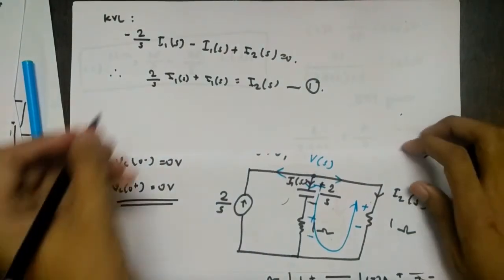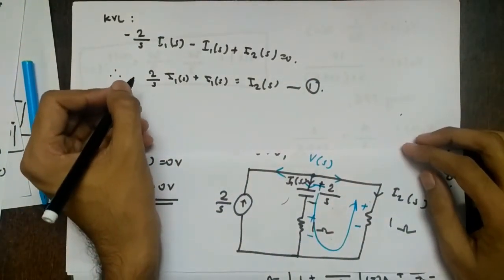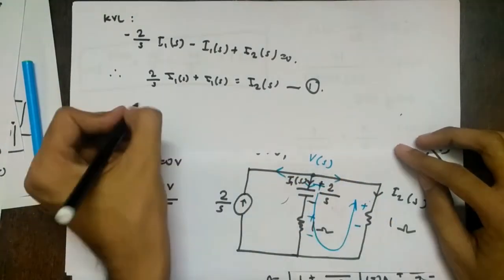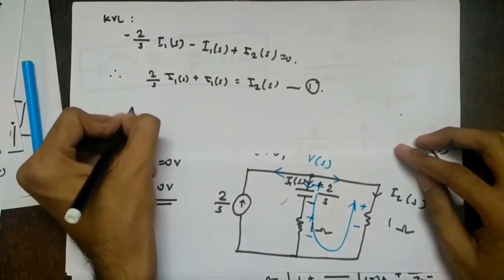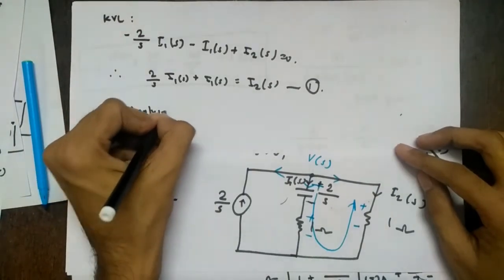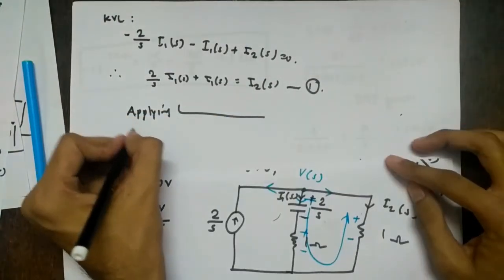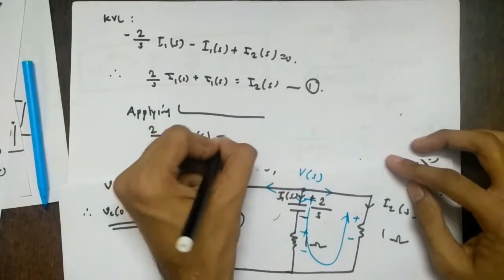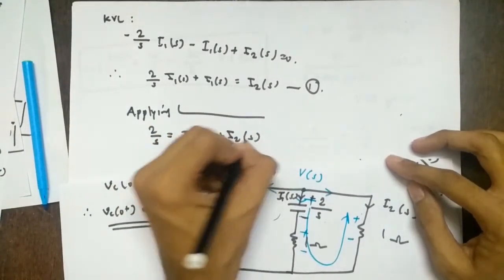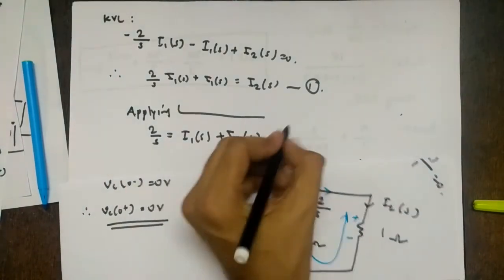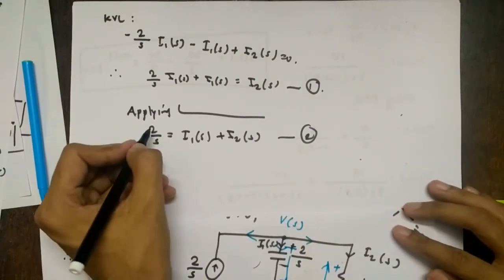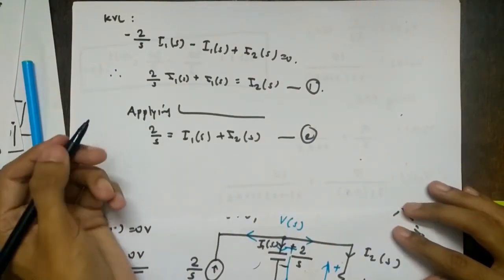Next, 2 by S is I1 of S plus I2 of S. I am applying KCL now at the node. So 2 by S equal to I1 of S plus I2 of S. So I've got two equations, two unknowns, so I can find I1 of S and I2 of S.